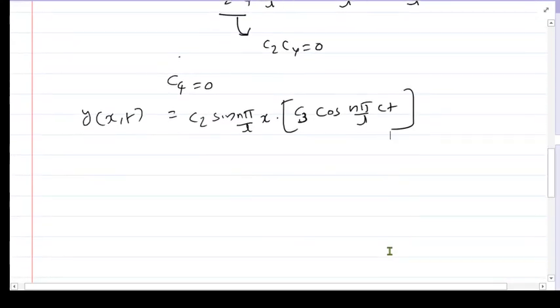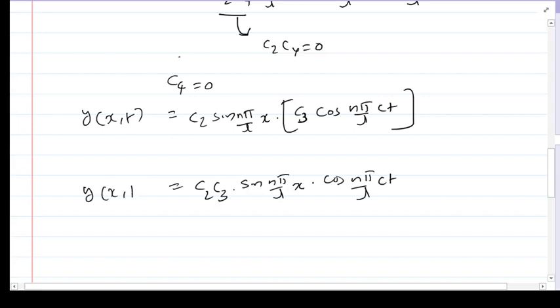Okay, we write it as C2 C3 sin(n pi x by L) cos(n pi c t by L). This is the case. So our new y of x,t becomes this.